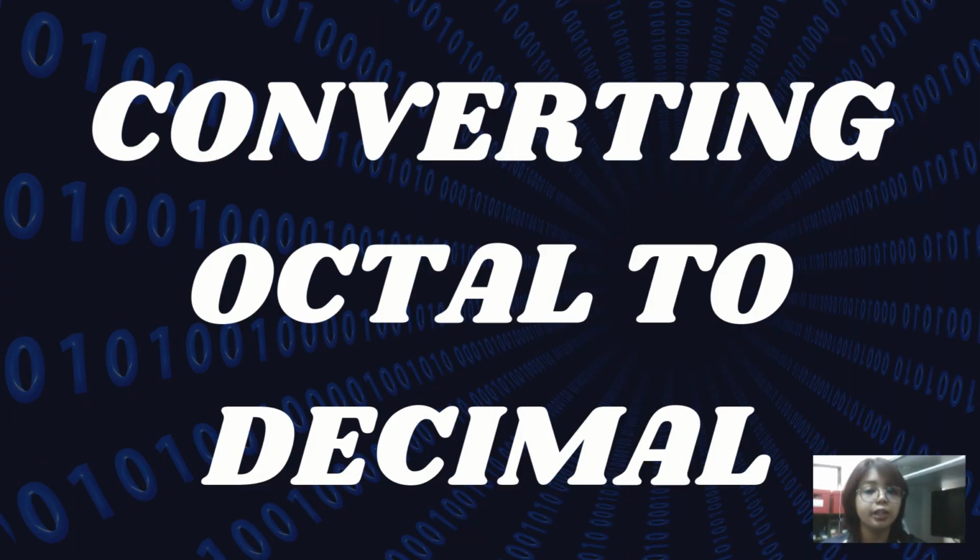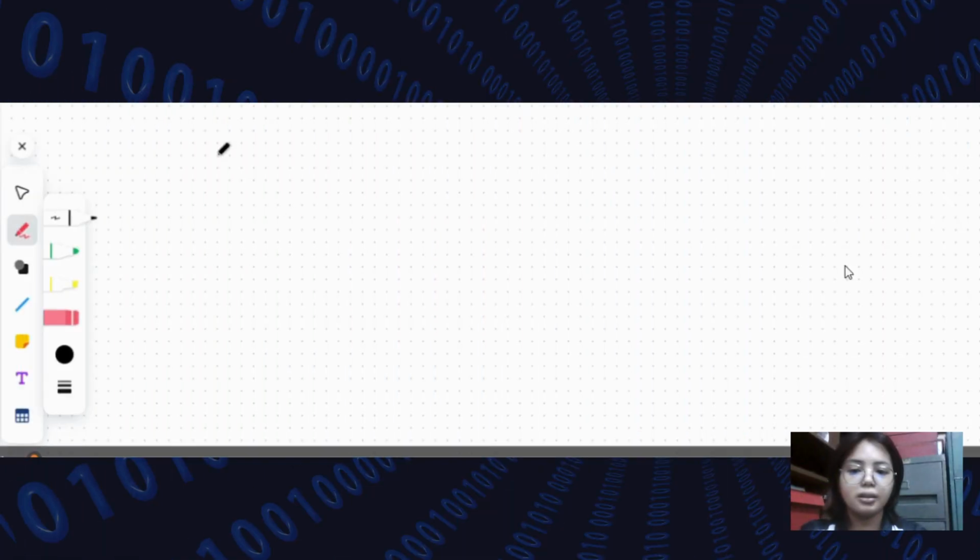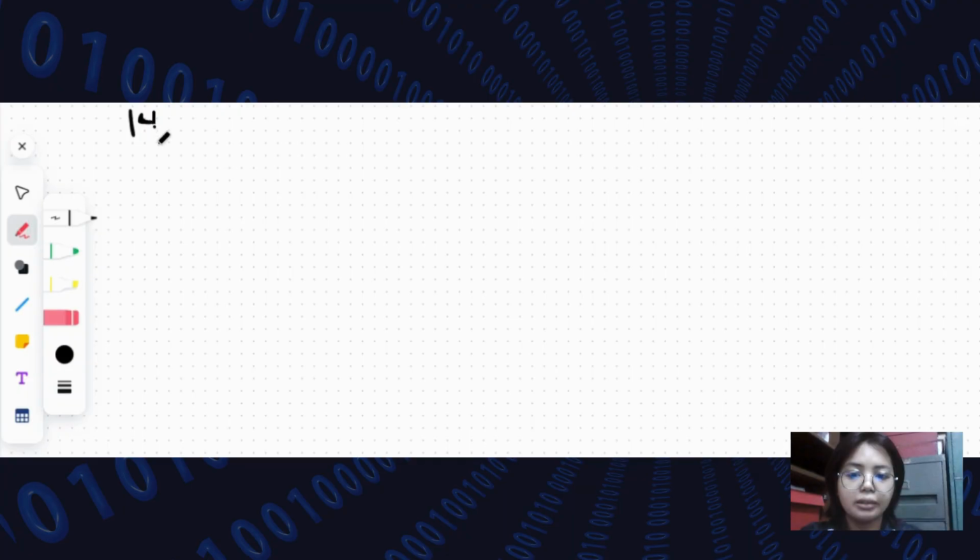Let us learn how to convert octal to decimal. So now we will try to convert octal to decimal. For example, let us try to convert 1452 octal to decimal. So the first step that we have to do is to write the number 1452.